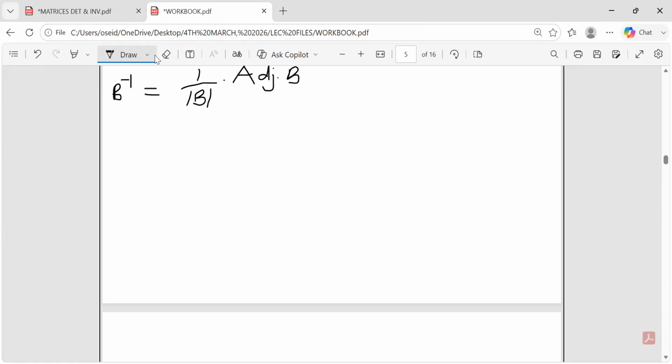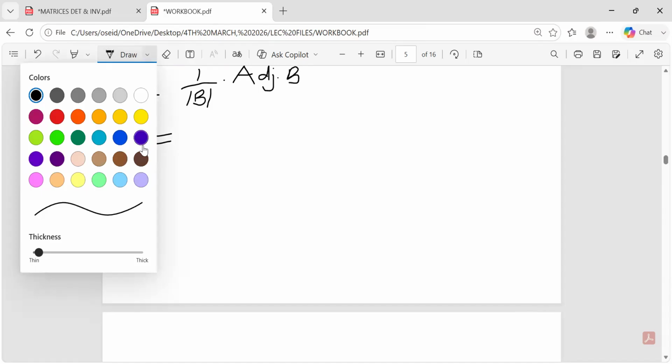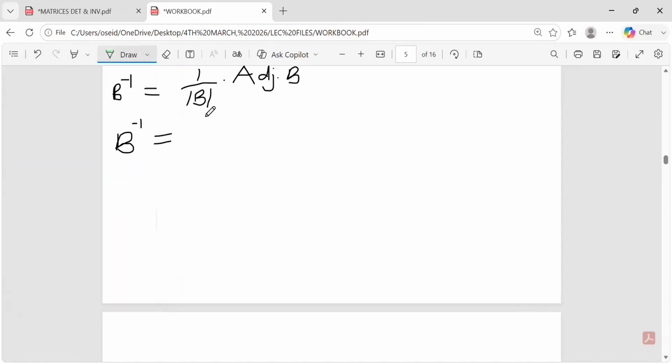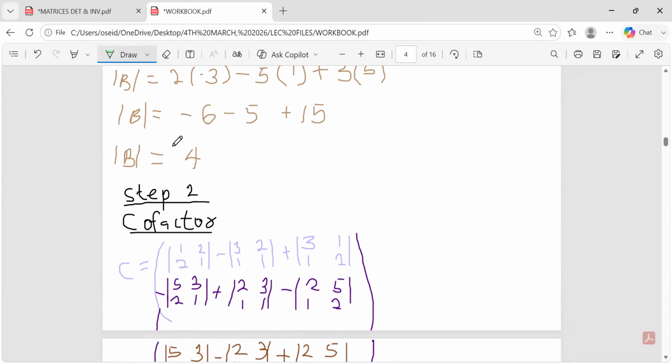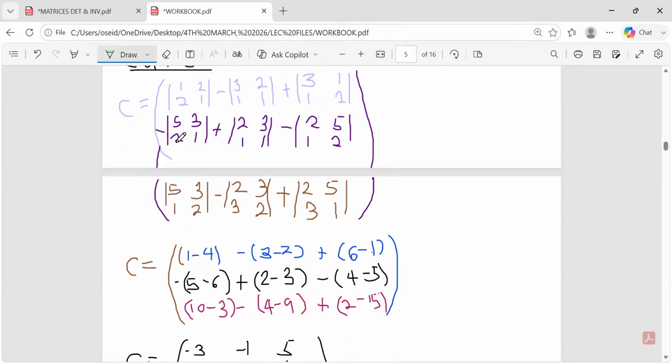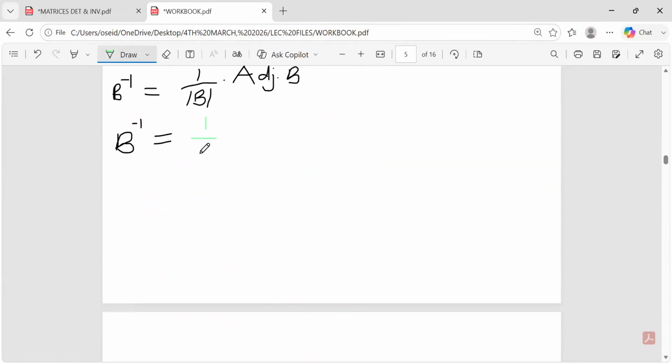We are going to get B inverse equals to 1 over, let's look at this. Determinant B was what? 4. So 1 over 4 times what?